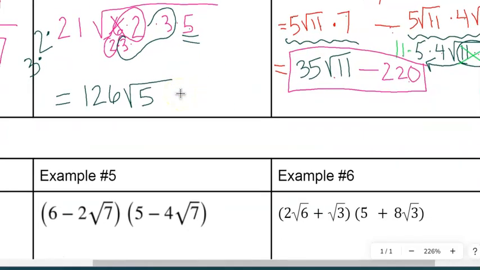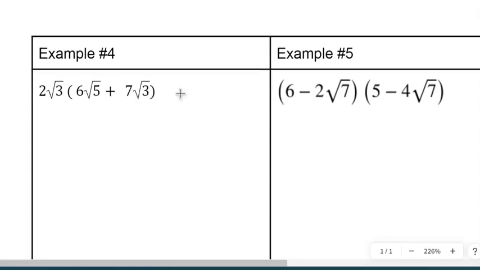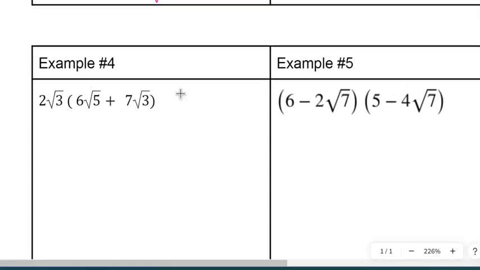Let's try another one. So let's look at example number 4. Same thing, we've got one term outside, a second term 6 root 5 inside, plus a third term on the inside. So that's how we know we're going to distribute. So I'm going to multiply the first and second terms.